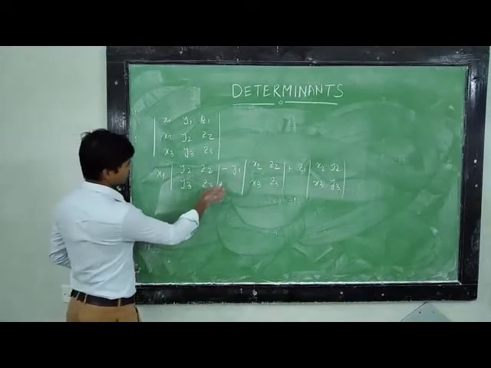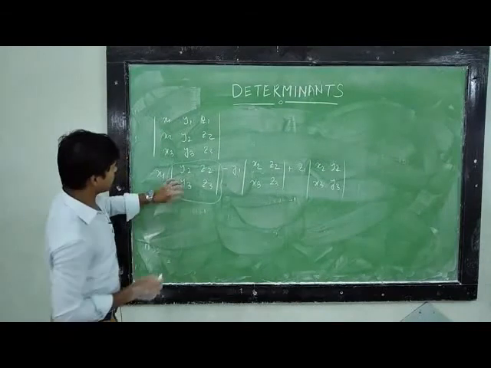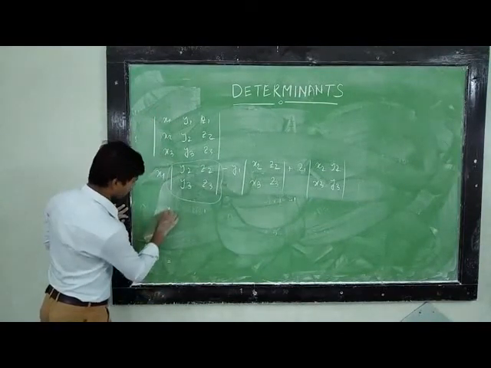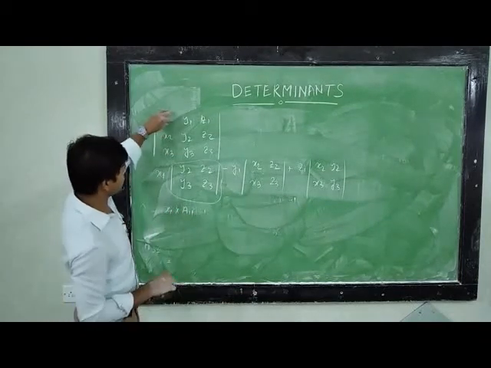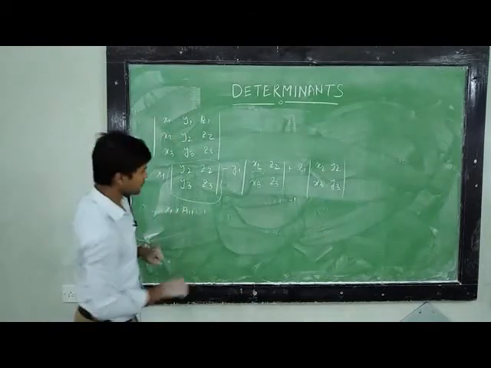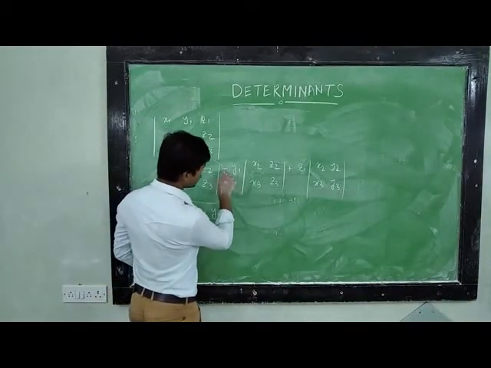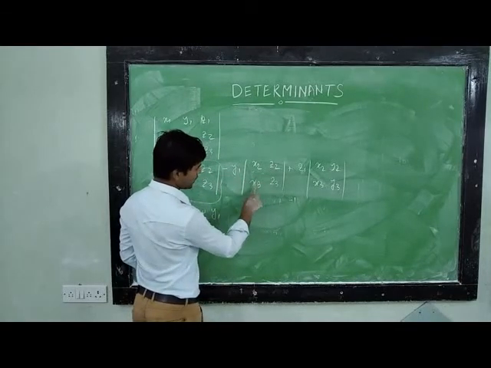Now what is this? Look, this is the cofactor corresponding to the element. This means x1 into A11, this is the cofactor corresponding to the A11 element, plus y1 into, what is this? Minus of the determinant x2 z2, x3 z3.